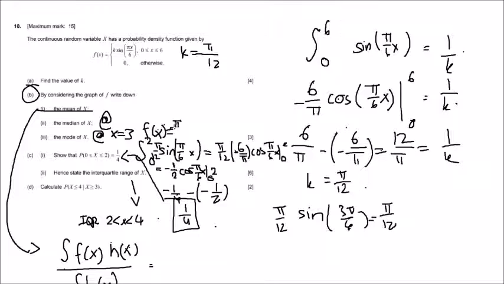But the median of x, I think, is just at x equals 2. And f of x would be, if you put 2 pi over 6, that gives you pi over 3. Sine of pi over 3 is square root of 3 over 2, which will give you square root of 3 pi over 24. I don't know if I did that correct or not, but I don't know this probability function stuff, so it's just my best guess, right?